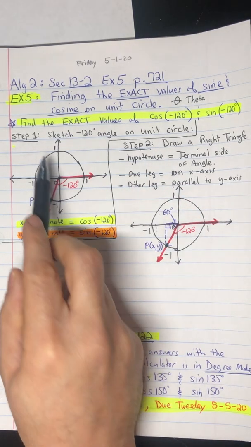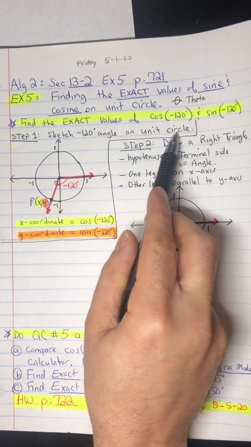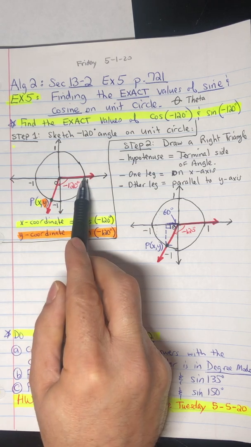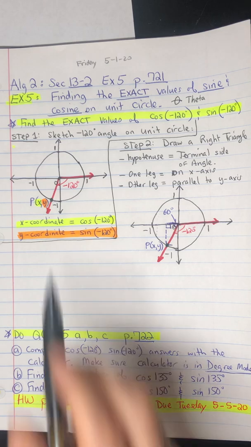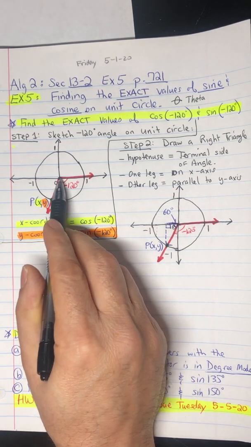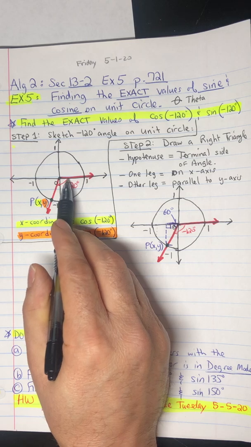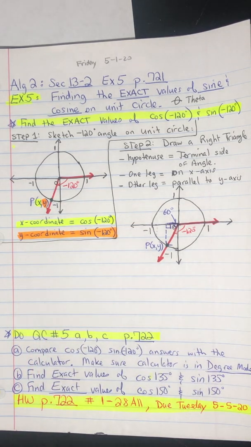So I went ahead and drew, step 1, sketch a negative 120 degree angle on the unit circle. Remember, on the unit circle, the origin is at 0, 0, and the radius of the circle is 1, always. The initial side of the angle is the positive x-axis. The terminal side is the end side of the angle.